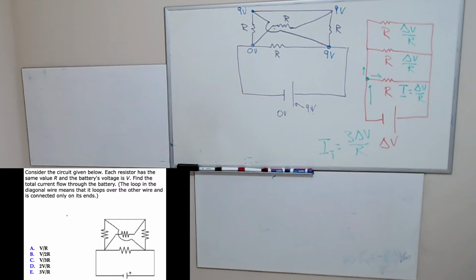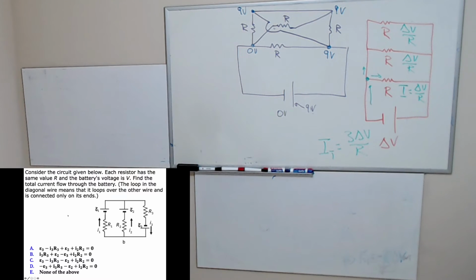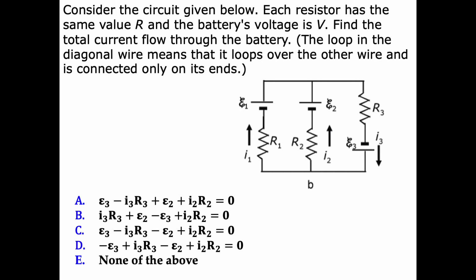Okay, let's do a Kirchhoff's law problem. Again, this is going to take a little bit of time. You have this circuit, and this circuit has 3 power supplies. The currents are identified, although they have not applied the current rule in this particular example.